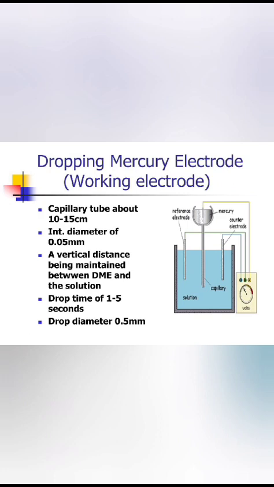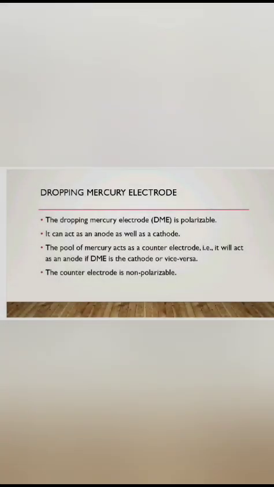The diameter of these tubes is 0.03 to 0.05 millimeter. The dropping mercury electrode is polarizable, and it can act as an anode as well as a cathode. The pool of mercury acts as a counter electrode. That is, it will act as an anode if the DME is the cathode, or vice versa.